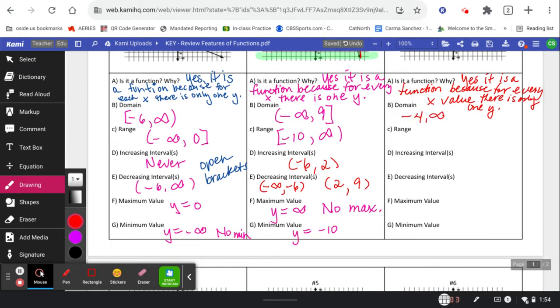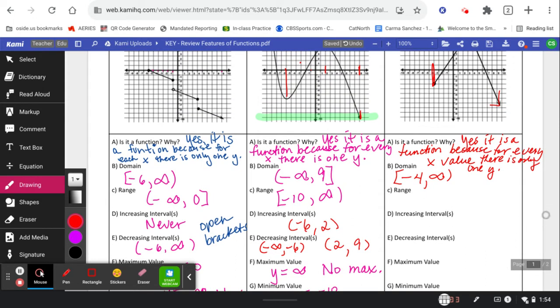So we say that that's -4 to infinity. And it's a closed bracket because of this beginning closed dot. It's an infinity at the end because of the arrow.